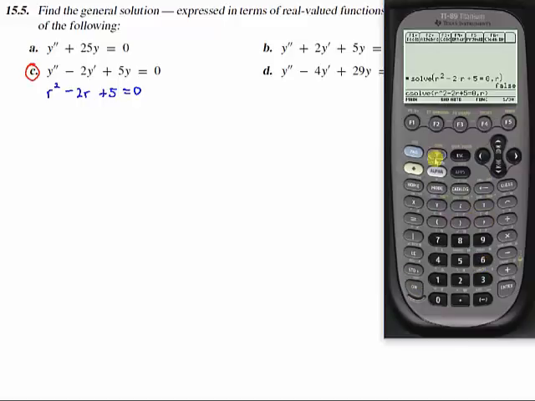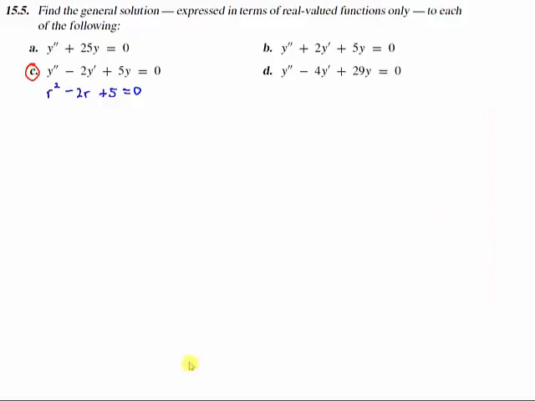Now in the algebra menu, there is on down the line a little bit somewhere a C-solve. So anyway, C-solve gives us the two solutions, 1 plus 2i, 1 minus 2i, which we can write conveniently as 1 plus or minus 2i.